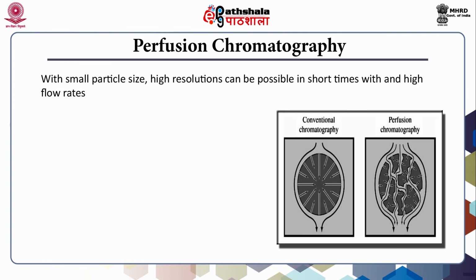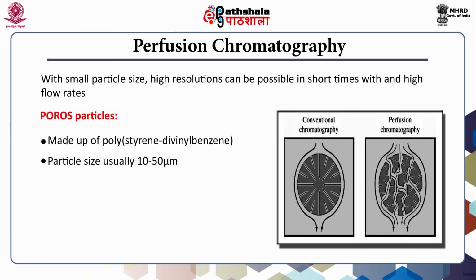You see the conventional chromatography picture, where longitudinal pores are present, but in perfusion chromatography these longitudinal pores are also connected by diffusive pores in a horizontal way. The best example for this kind of particles are the porous particles made up of polystyrene divinyl benzene.